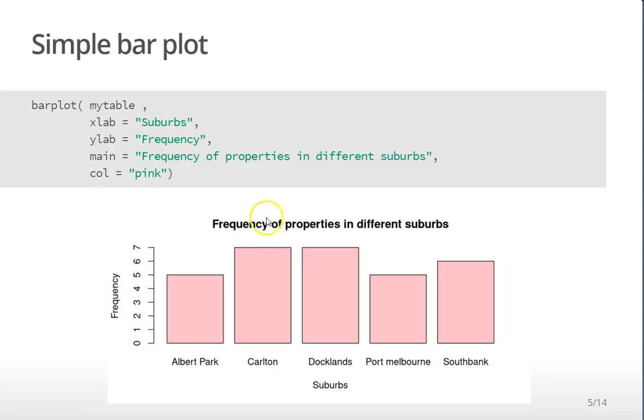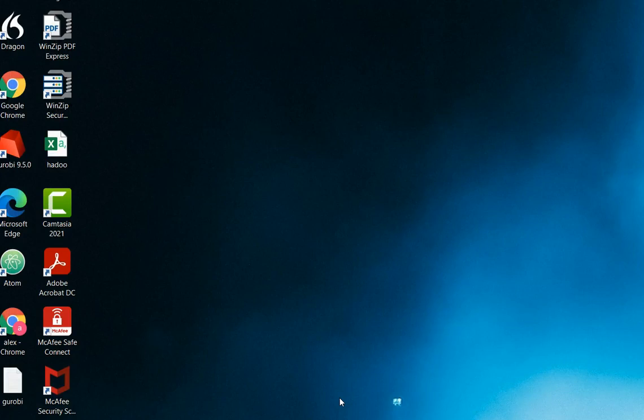This main title, which is frequency of properties in different suburbs, comes from here. I wrote main equals frequency of properties in different suburbs. Then I gave it pink. If you want to, you can give it different numbers, so different colors.